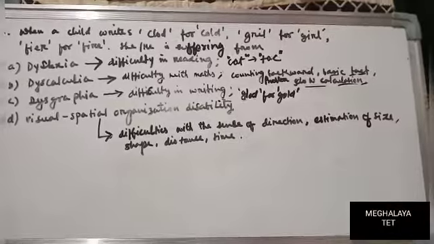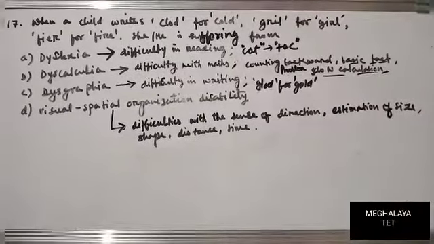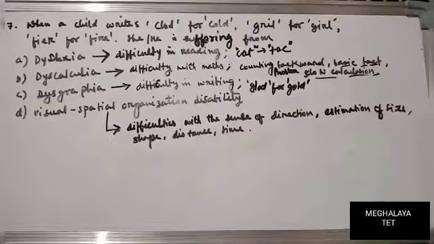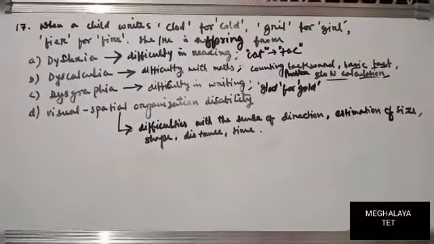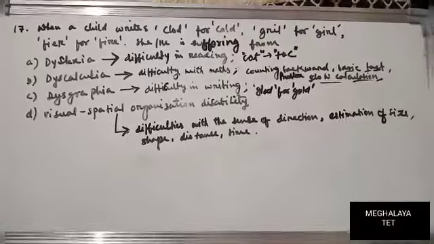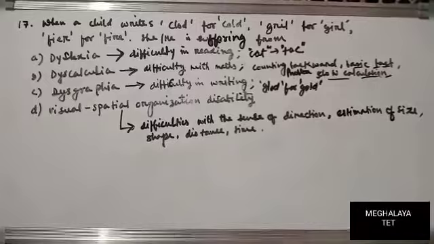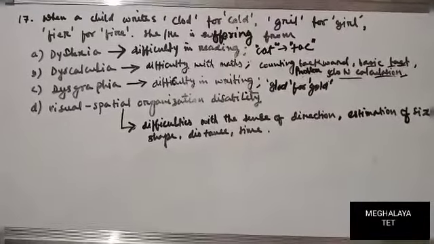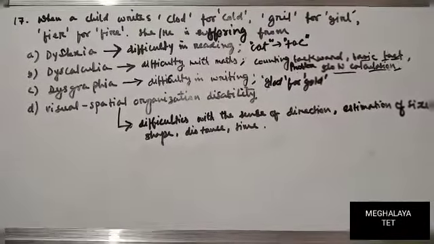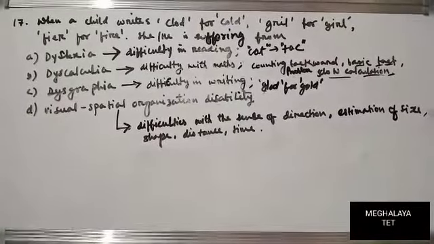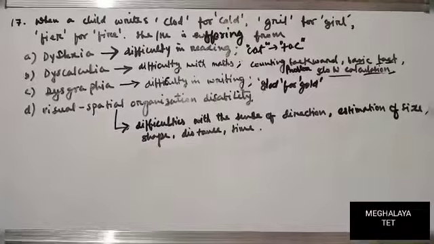They have problems memorizing basic facts in mathematics, and they have slow calculations. They can't calculate in a quick manner; they calculate slowly.